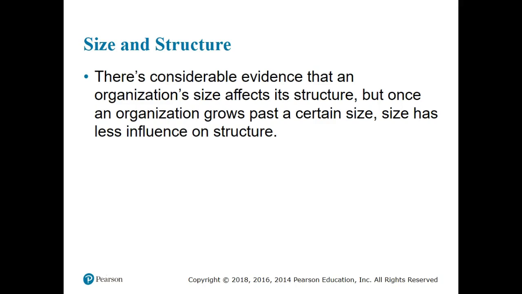It's essentially because once there are around 2,000 employees, it's already fairly mechanistic at that point. Adding another 500 employees won't impact the structure much. On the other hand, adding 500 employees to an organization with only 300 employees is likely to make it more mechanistic. So there's considerable evidence that an organization's size affects the structure, but once an organization grows past a certain size, it has less influence on the structure.